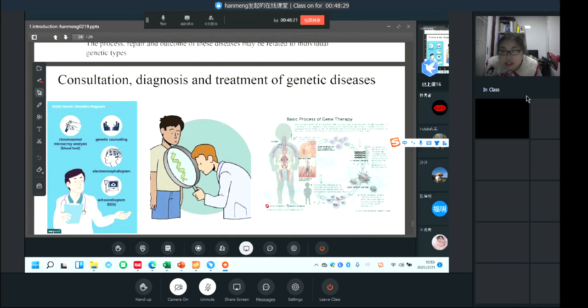Is it a genetic disease or not? Then you can give the patient some advice to treat this disease. Or you may also give some advice for his future children, even his father or mother.